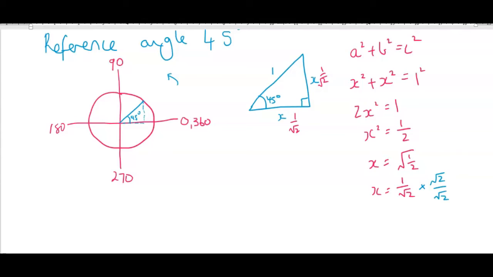I always do that because the final answer is going to be root 2 on 2. So 1 times root 2 is root 2. And then root 2 times root 2 gives you the square root of 4, which is 2. So the square root of 2 on 2. Okay, now on my triangle, I might just go back and replace them just so I don't have it too messy.